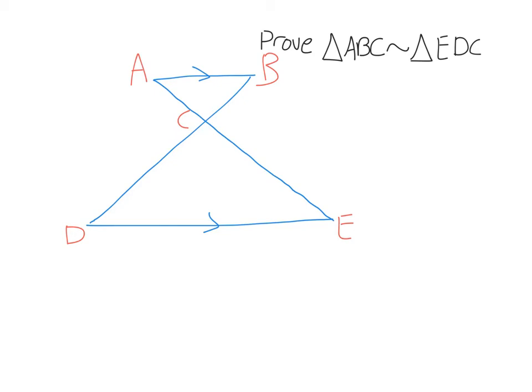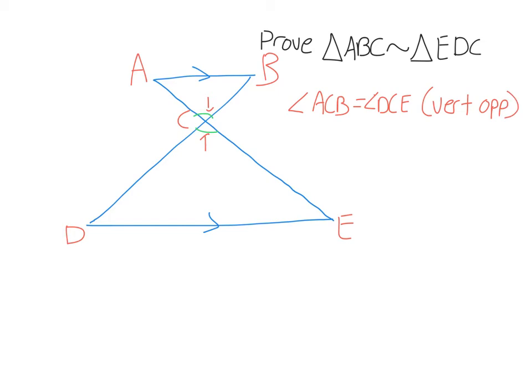So I know that this angle and this angle are equal because they're vertically opposite. So I will write that formally. Angle ACB, which is this angle here, is equal to that angle there, which is angle DCE. We must give a reason for it, so I'm just going to abbreviate it: vertically opposite angles are equal.